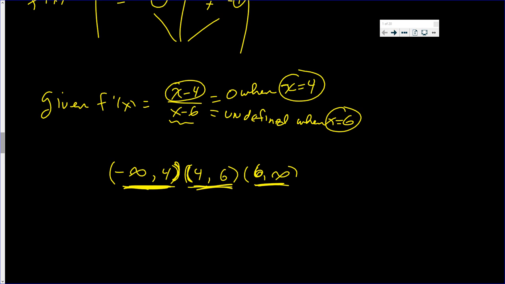Pi is less than 4. 21 over 5. That's more than 4. 5 goes into 20 4 times. 5 goes into 21 more than 4 times. But clearly not 6 times. It's here. Every number is in one of those intervals with the exception of 4 and 6.